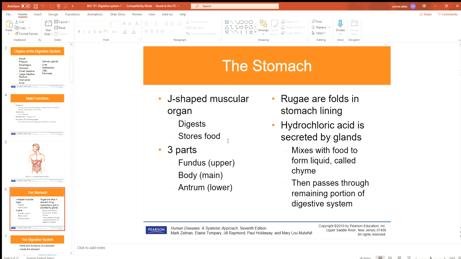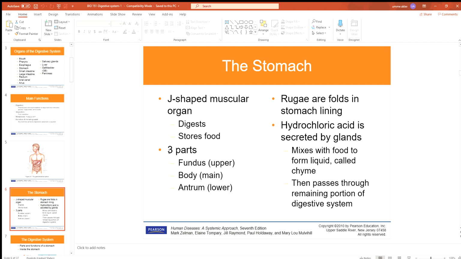And to complete that breakdown or digestion process, the food must stay or be stored inside the stomach for hours. So storage of food and digestion of the food properly, those are two important functions of the stomach. So after the digestion, the foodstuff then becomes very liquid kind of food, and that enters into the small intestine.